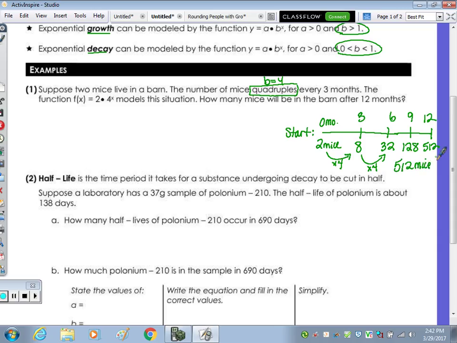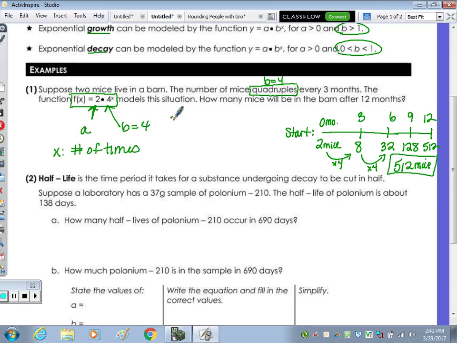So how many mice will be in the barn? 512 mice. If you look at the question, this function, this is our starting value. There's our A. Quadruple has a B value of 4. Where X is your number of times it's going to quadruple.